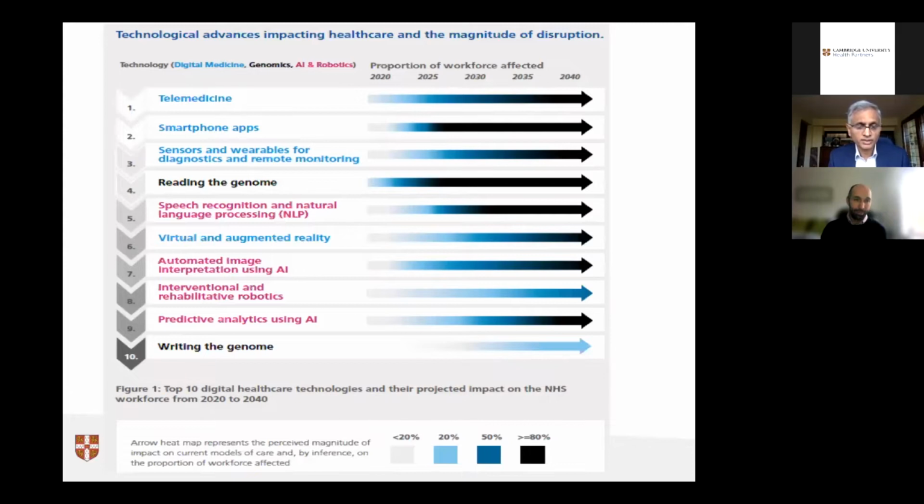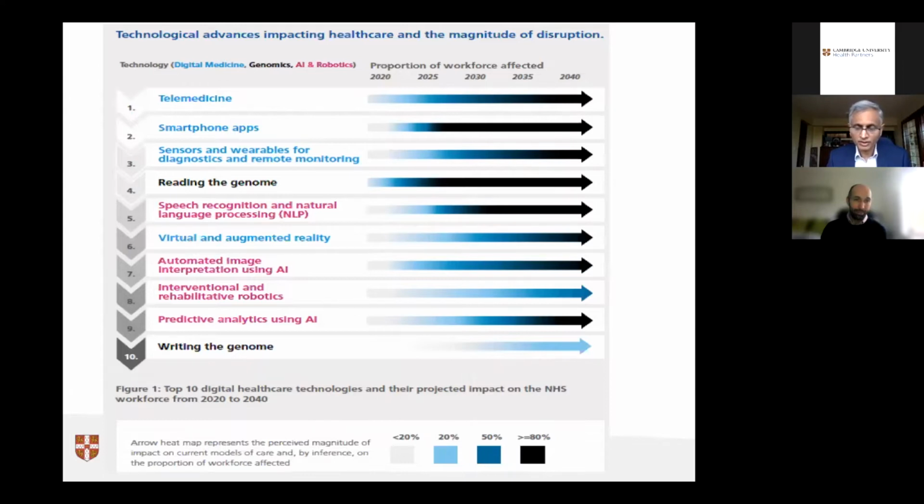published this diagram, which showed 10 technologies which would probably have the most impact on the workforce over the next 20 years. The heat map shows that the darker colour as you go right has more impact on the workforce than the lighter colours. But what I would suggest is that we have come a long way in the last 2 years in acquiring and adopting technologies, and I expect that we've moved almost past the 2025 threshold already.